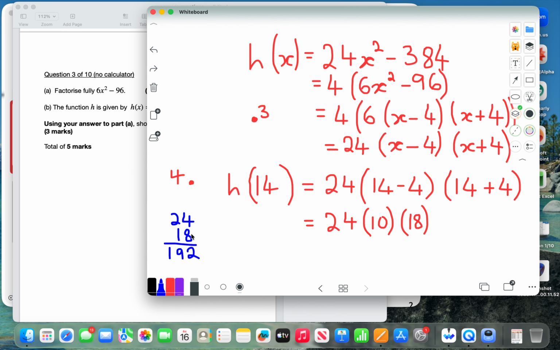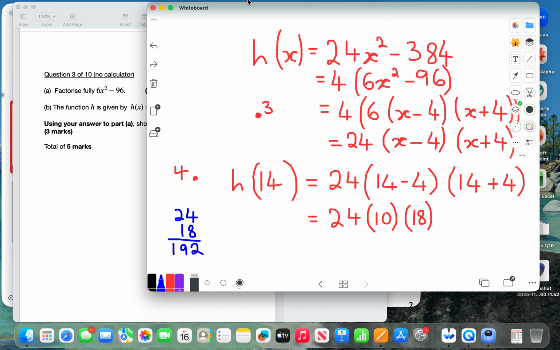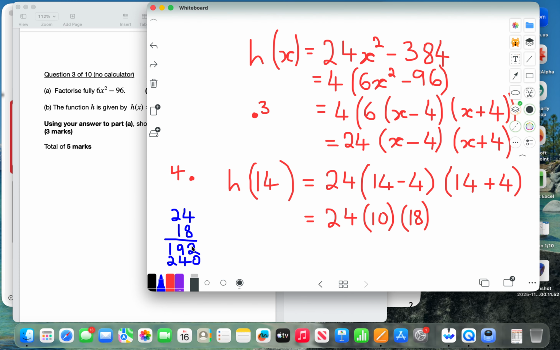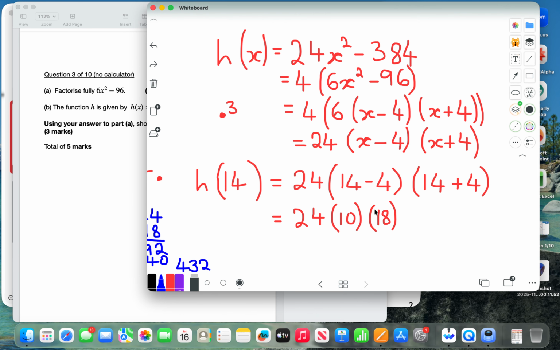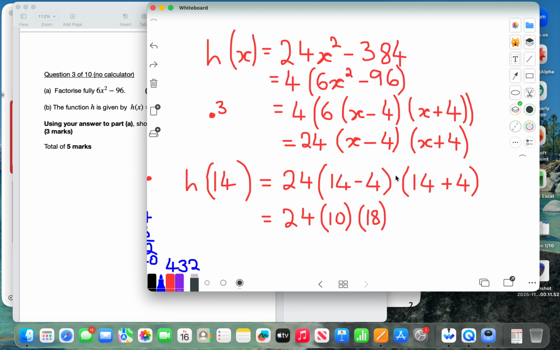Then we do 24 times 10 is 240. And I haven't left enough space, so 2 plus 0 is 2. 9 plus 4 is 13. So put the 3 and carry the 1. 1 plus 1 plus 2 is 4. So 24 times 18 is 432.